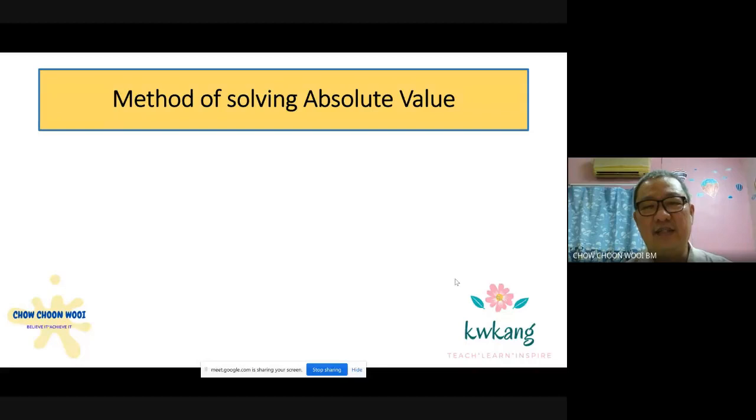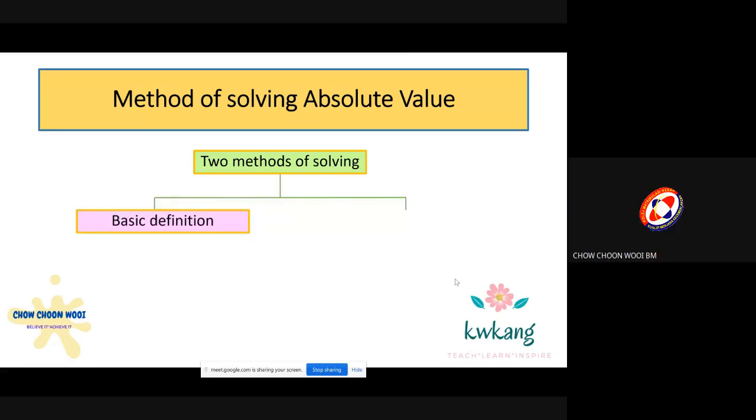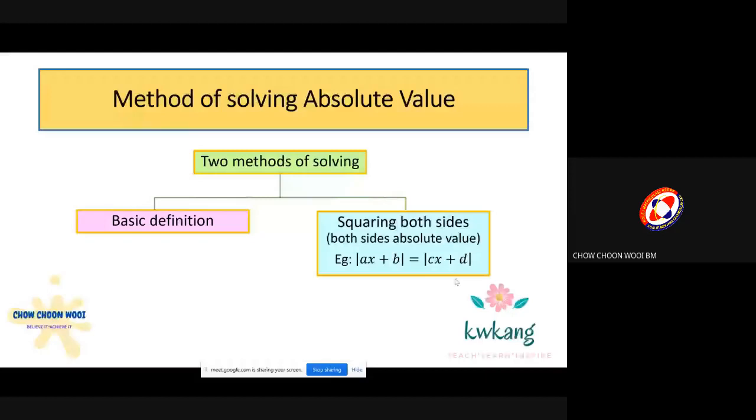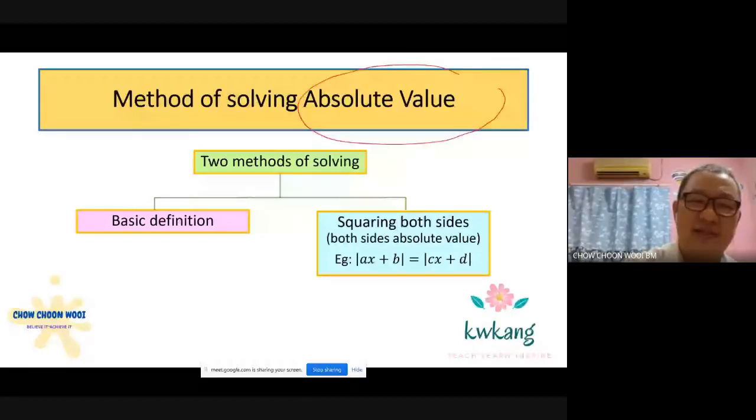Then look at this one, method of solving absolute values. There are 2 methods of solving these values. The second one, we can squaring both sides. Kalau ada absolute values or modulus, you ada 2 kaedah. Satu guna basic definitions.